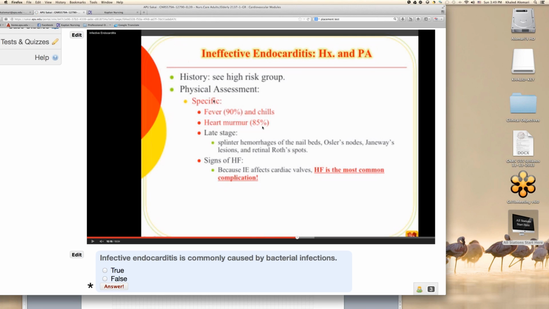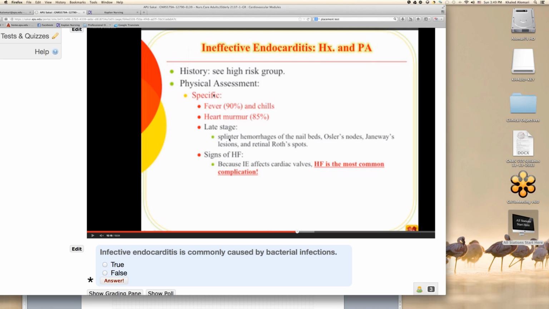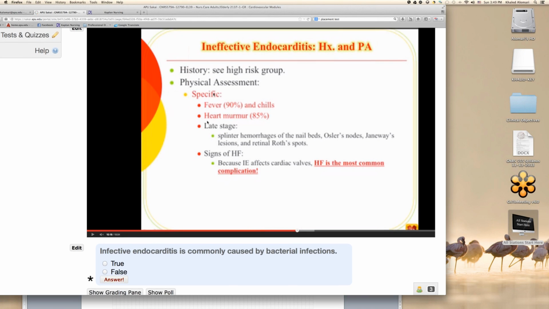That's why 85% of these patients come with a murmur. Now this may go away if you get the patient on time and you treat the infection and the inflammation disappears. But if it's recurrent or if it's too late, it may lead to permanent damage. So all the symptoms that I just shared with you are considered late stage.